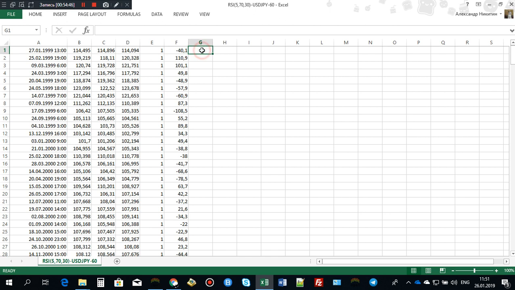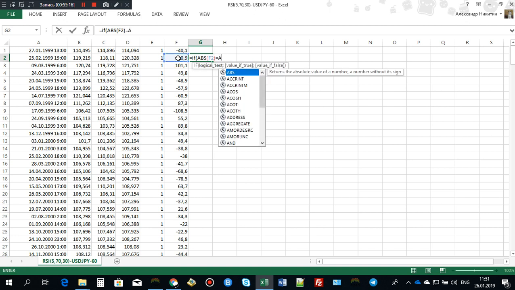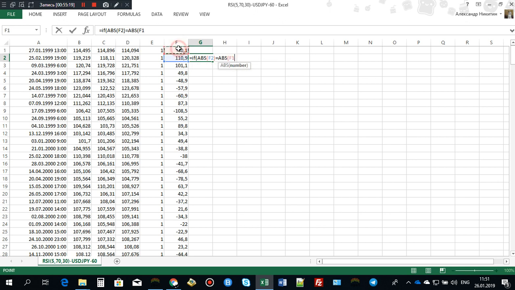duplicated lines. So I will type this formula to find duplicated lines. I will do it a bit different way. Let me start from here. It equals IF this cell, not this cell, the ABS, the absolute number of this cell, equals ABS of this cell.